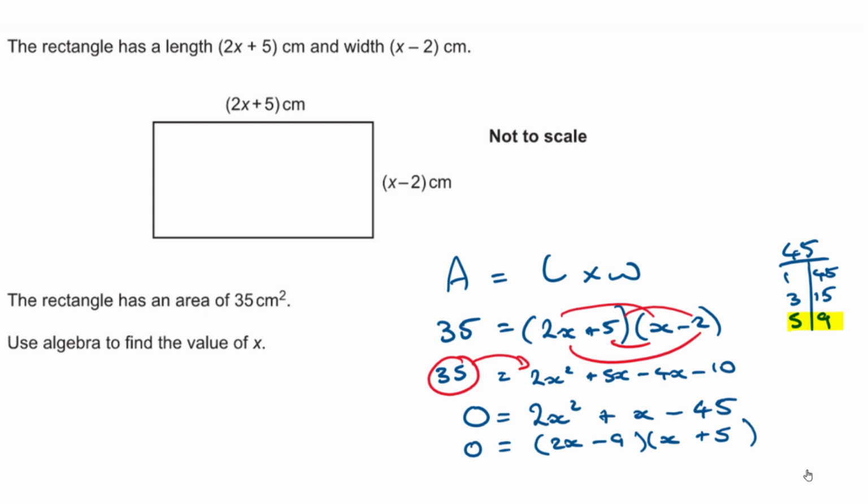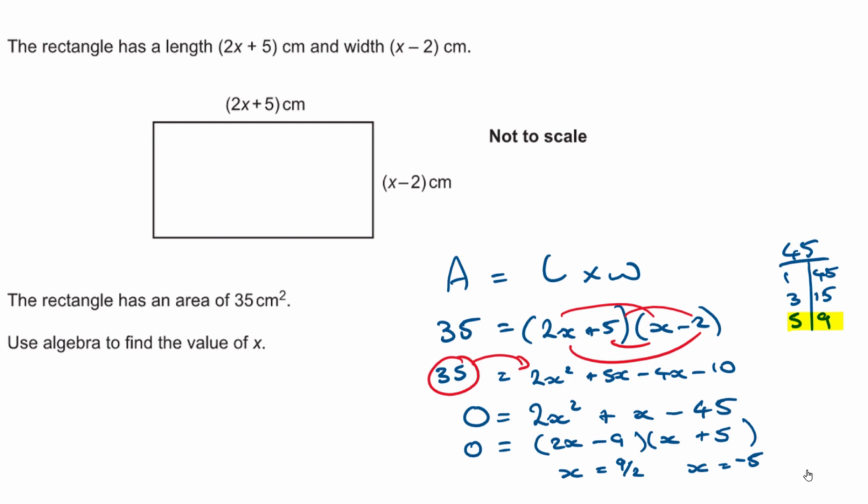So that's going to give me solutions of x equals 9 halves, 9 over 2 here, which is 4.5, or x equals minus 5. Okay, now does that make sense in this question?